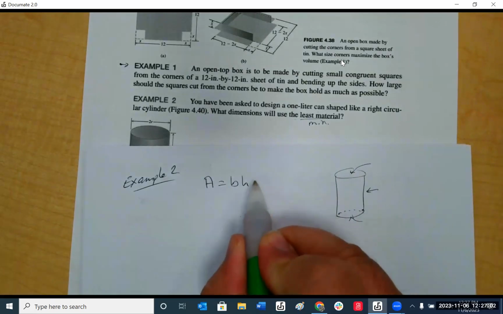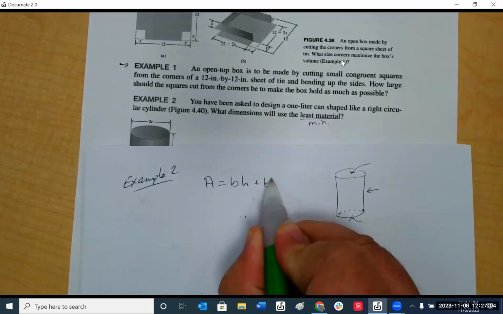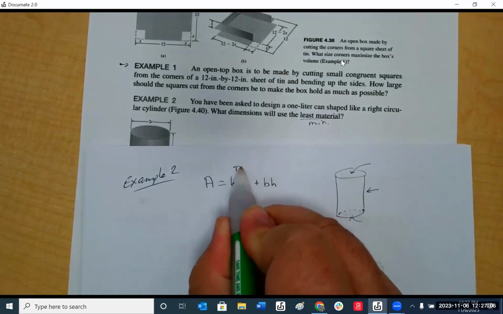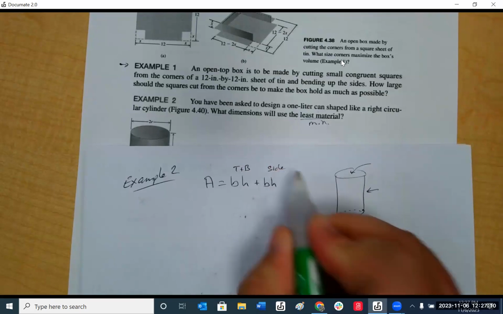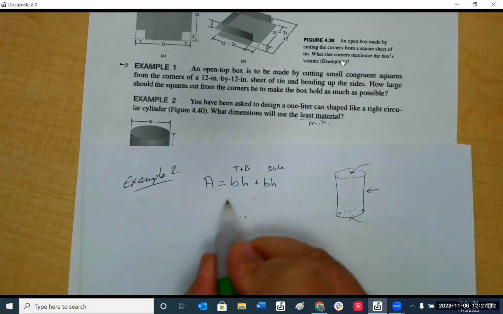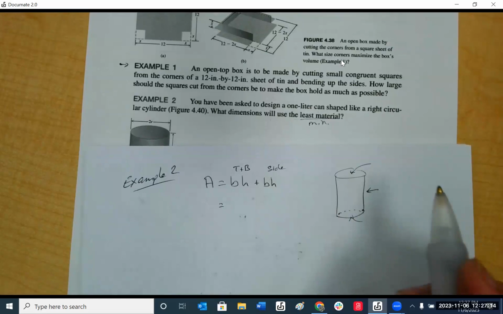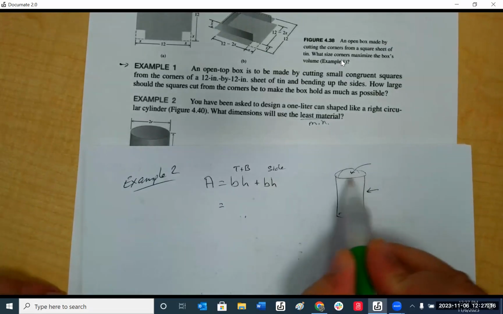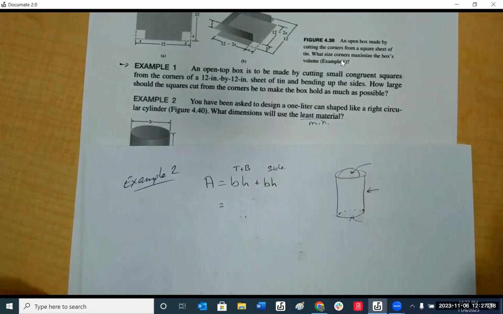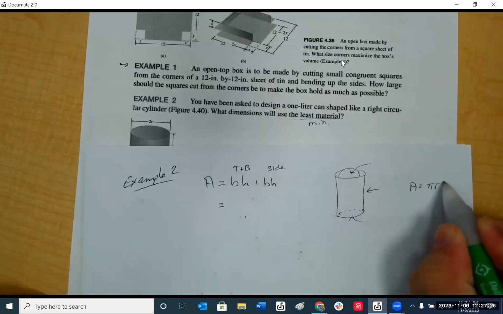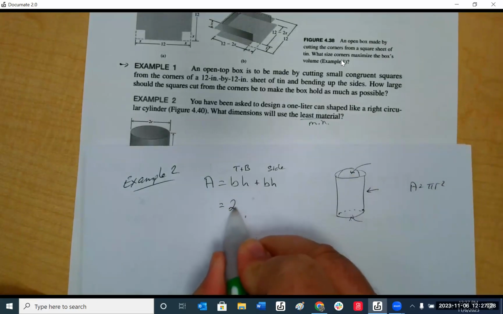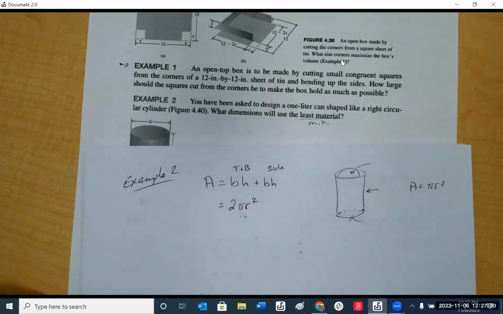So we have to do the top and bottom and the sides. So what's the formula for a circle? Pi r squared. Yeah, area for a circle is pi r squared. We have two of them, so we have 2 pi r squared.